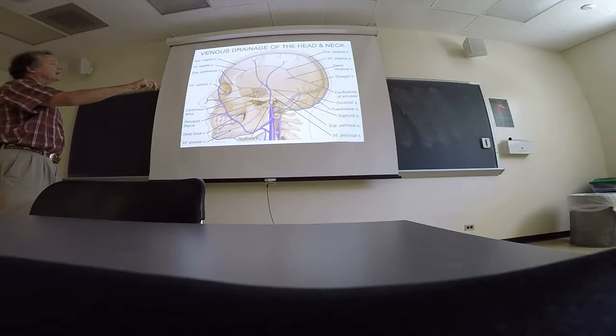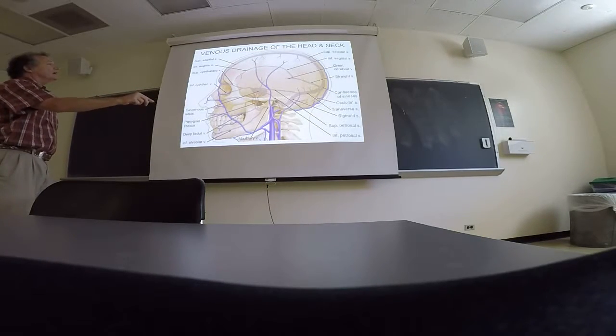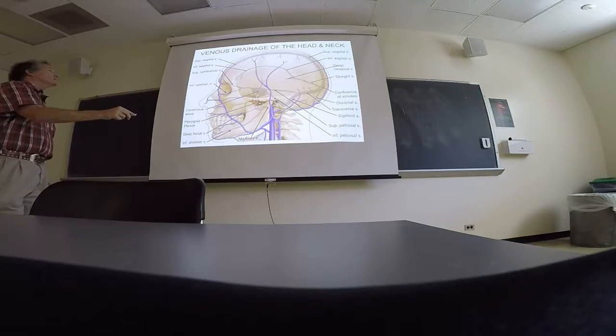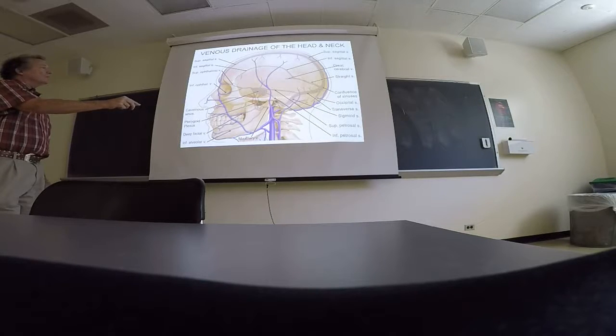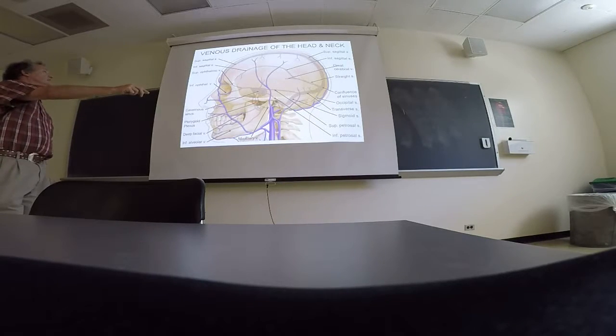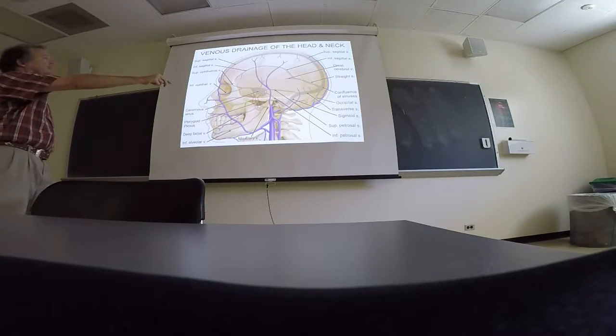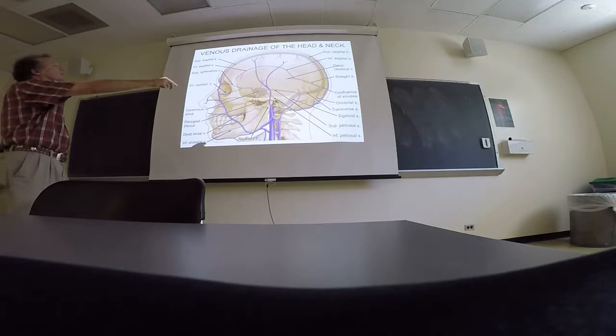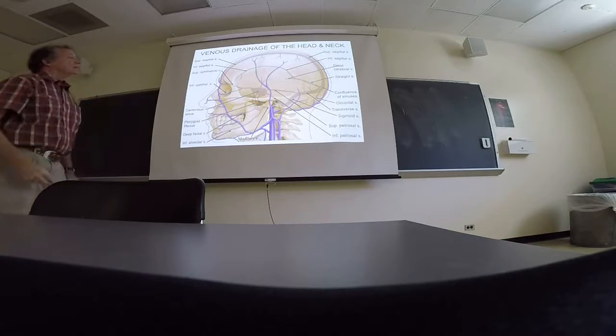It's also connected to this thing I mentioned the other day in the infratemporal region known as the pterygoid plexus of veins. And this pterygoid plexus of veins is connected to bits of the facial vein here. It's connected to all these little veins that are coming out of the cavernous sinus. So there's a big connection between the outside world here and the cranial venous drainage in there.